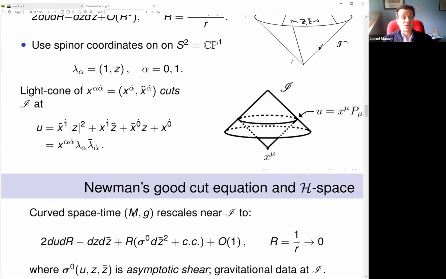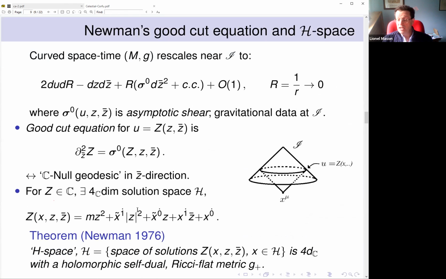So what Newman did was he wanted to do this in the nonlinear regime. So now, using similar conventions, we're talking about a fully curved space-time, and you rescale the metric. Having been brought up in the Newman-Penrose school, I'm just allergic to calling this asymptotic shear C, so I apologize to those who have been working from Bondi and Sachs and so on.